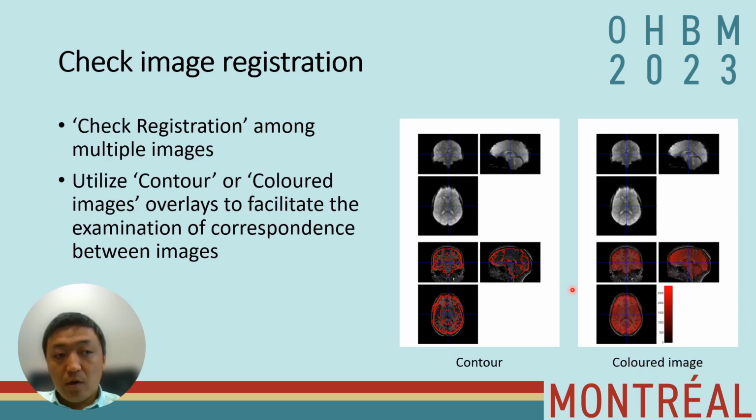In SPM, we can use check registration functions to display multiple images. We can also use overlay contour or overlay colored images to overlay one image over another so that we can check whether those two images are aligned correctly.